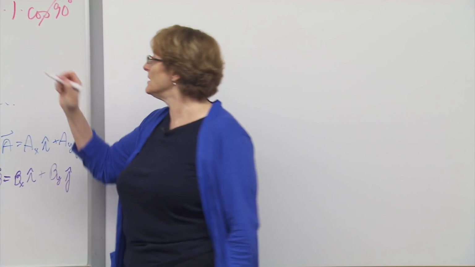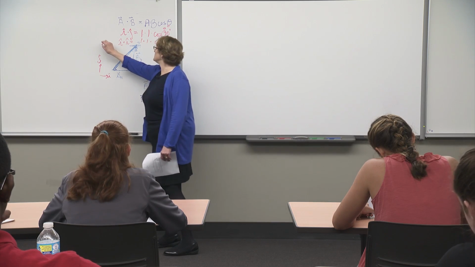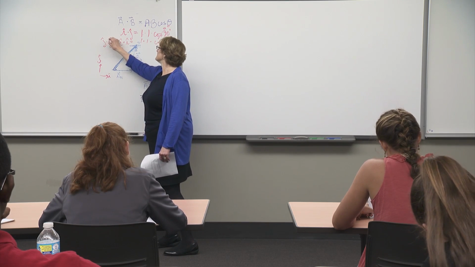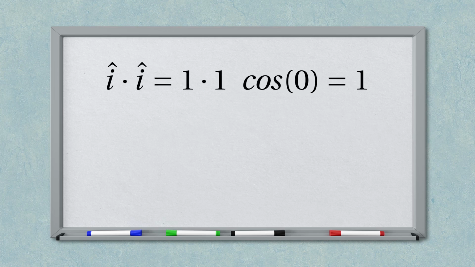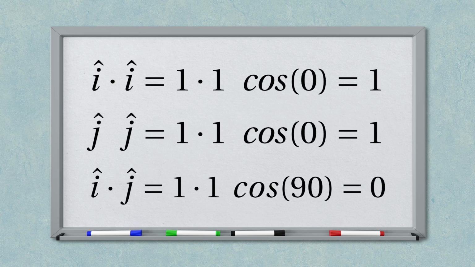They're the same direction. So this becomes 1 times cosine of 0 degrees, and cosine of 0 is 1. So this dot product is 1. And J dot J is 1. So I dot I and J dot J are 1, and I dot J is 0.